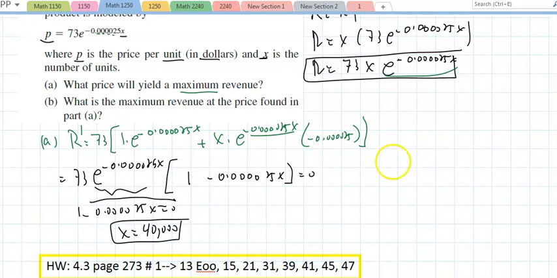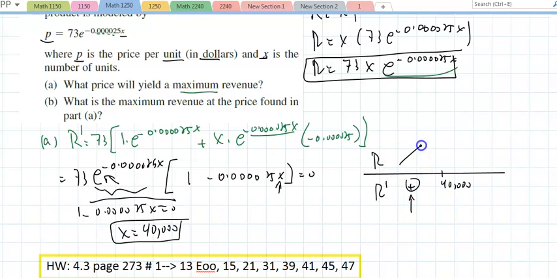If I do my testing, there is R prime, there's R, 40,000. And if I take a point to the left, let's say I take 1, this is always positive. Exponentials are, if I put a 1 right there, 1 minus 0.000025 is positive. And if I pick a point to the right, let's say 45,000, if I plug that in there, this is always positive.